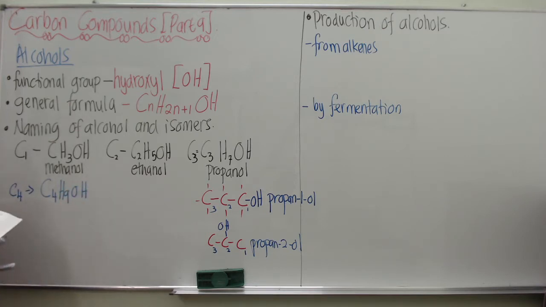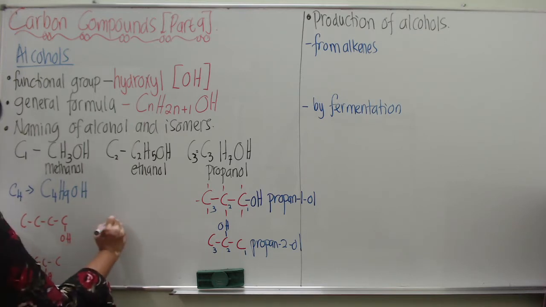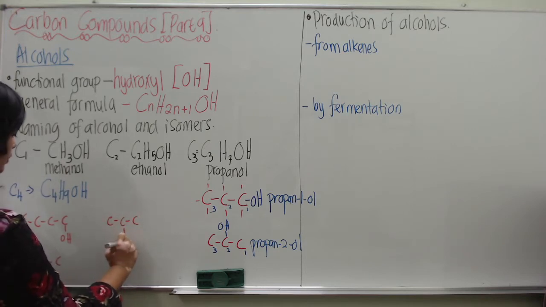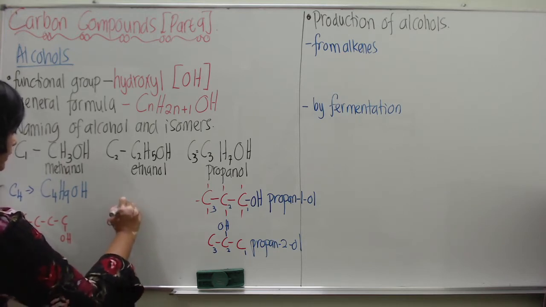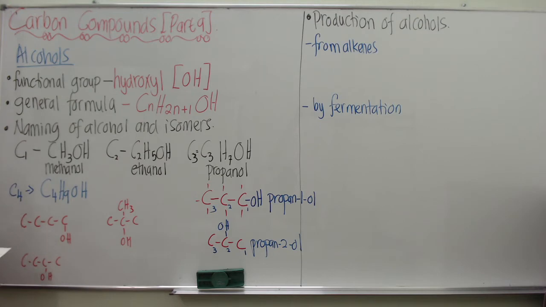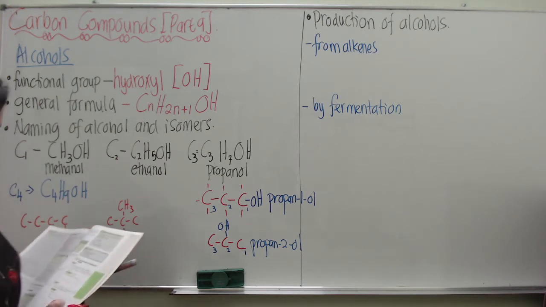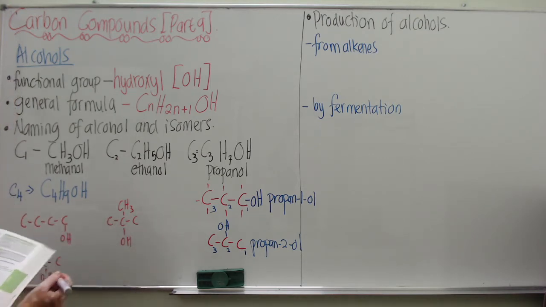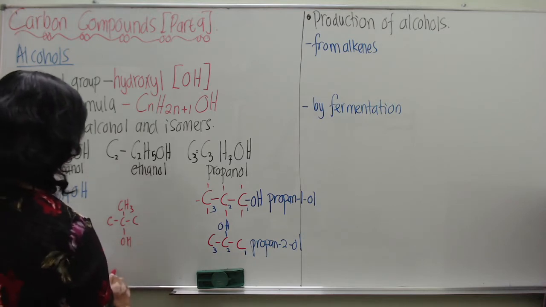Now let's concentrate on the structural formula. 1, 2, 3, 4, OH. 1, 2, 3, 4, OH. 1, 2, 3, OH, CH3. Now these are three isomers. There's another isomer.